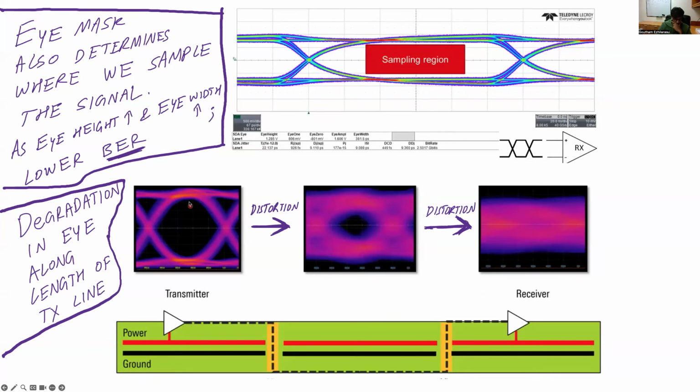So say this was the original signal at the transmitter. And then as you go from the transmitter towards the receiver, you see how the eye distortion keeps increasing and the eye ends up closing at the receiver. So this is not a good link. This is a pictorial way to tell whether a link is designed well or not.